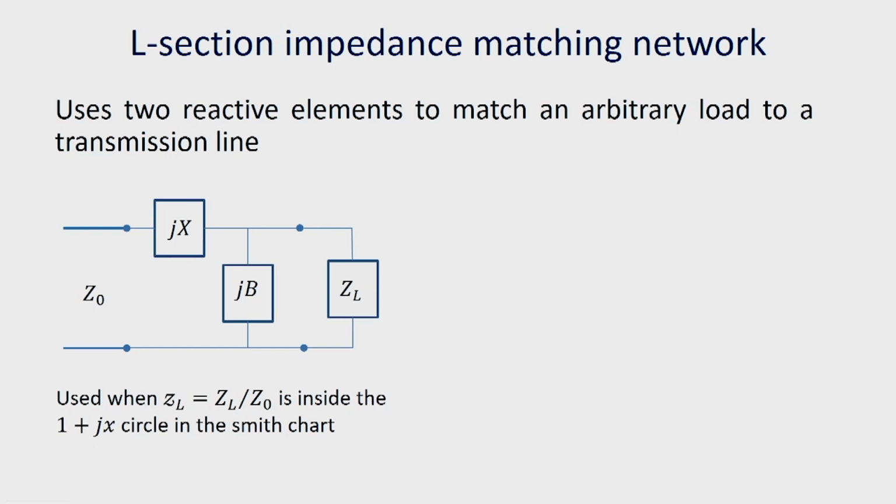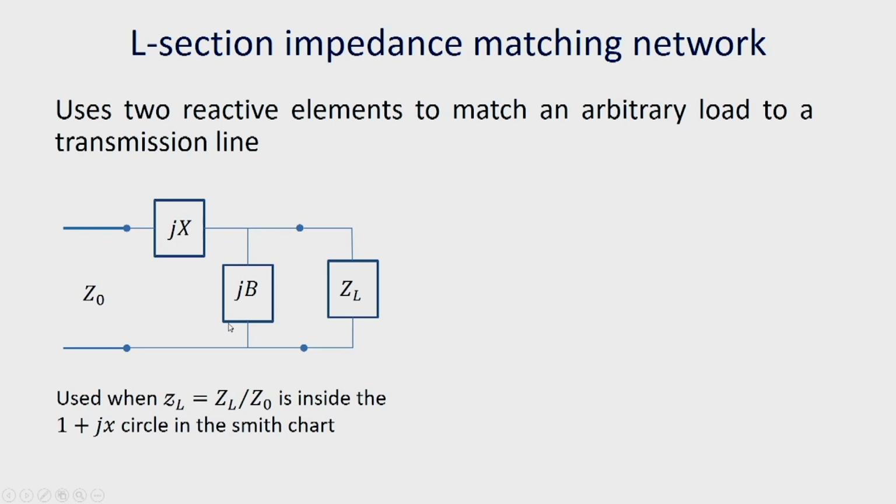So, in the Smith chart, if you consider the circle r equal to 1, inside the circle we will have r greater than 1, which actually indicates the real part of the load impedance is greater than the characteristic impedance Z0. So, this configuration of matching network is suitable for handling loads for which the real part of the load impedance is greater than Z0.